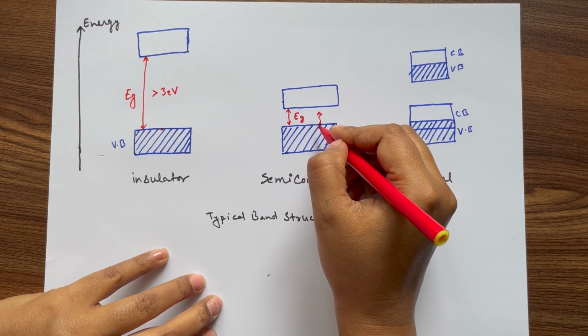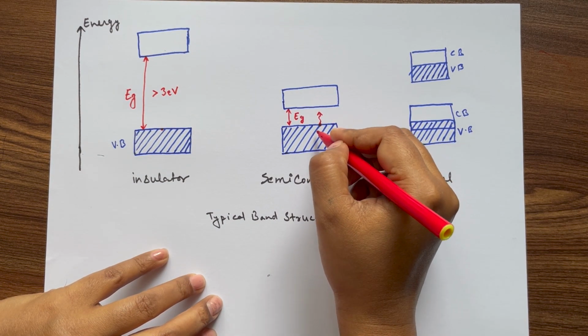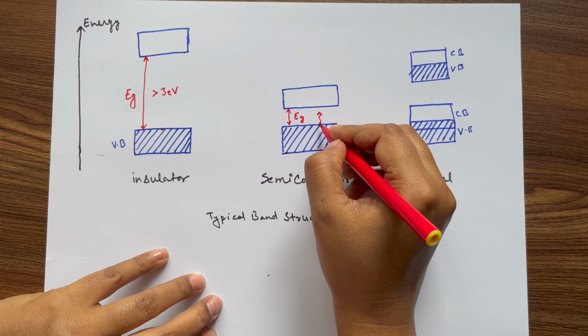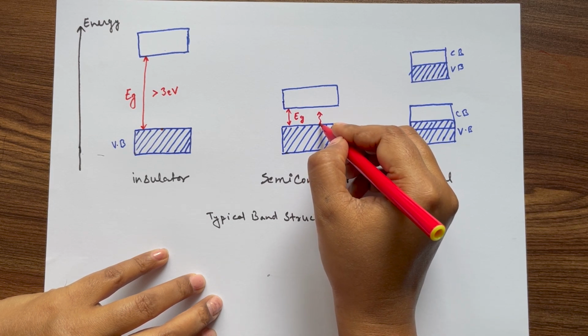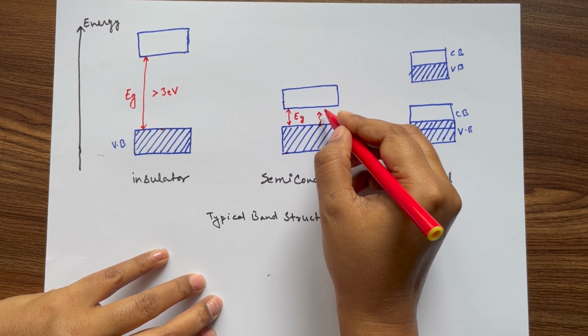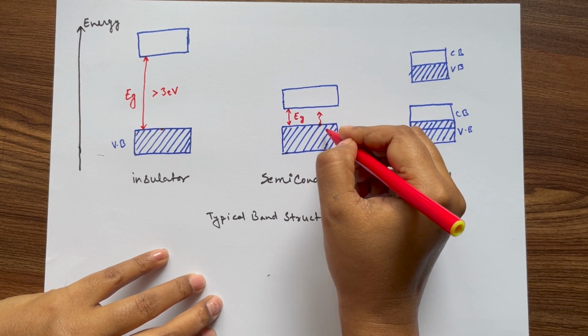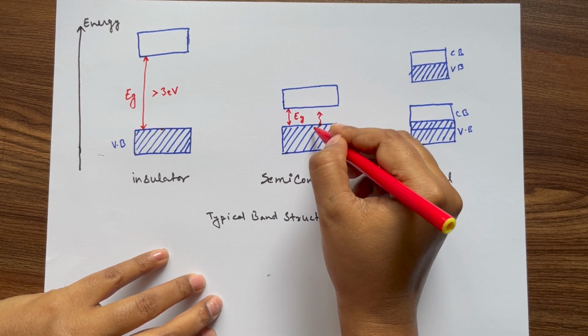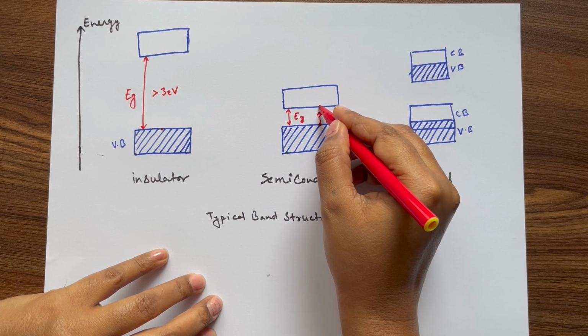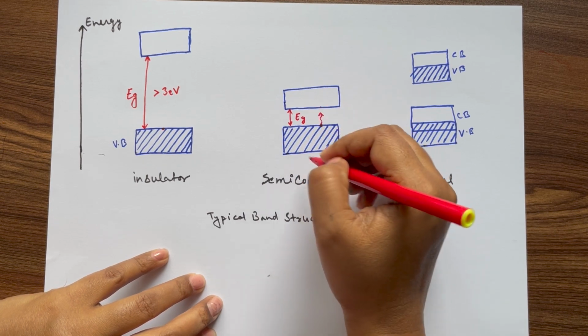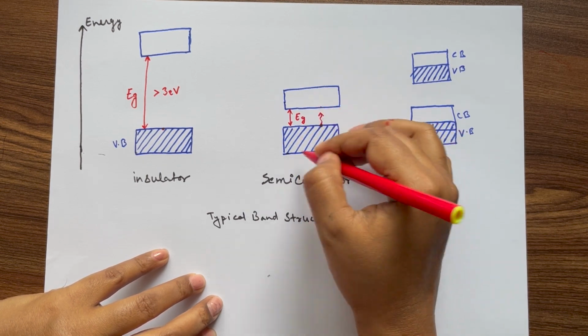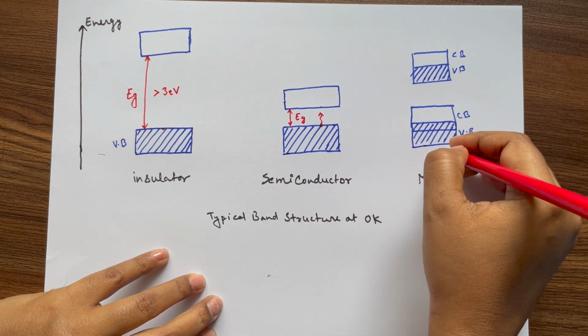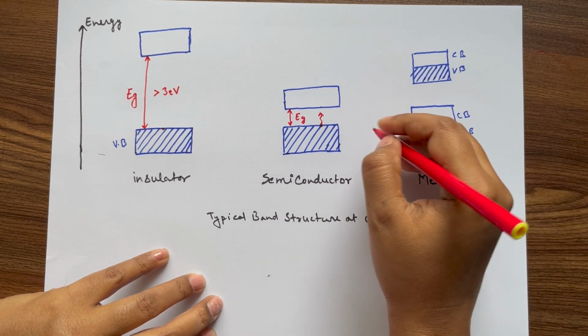But when the temperature is increased or we give photonic energy to the electrons in the valence band, they gain enough thermal energy to break their covalent bond in the valence band and jump to the conduction band. This allows the conduction of electricity, and the semiconductor acts as the conductor.